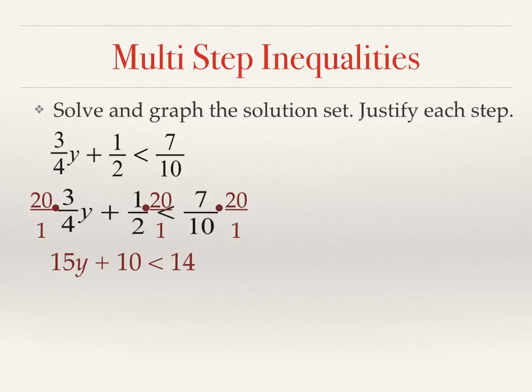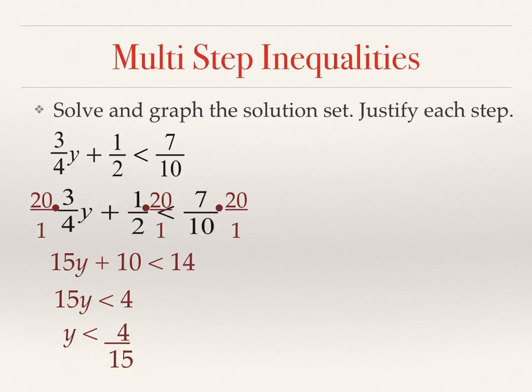Now we want to subtract 10 from both sides, and then we want to divide by 15. So our solution is y is less than, as I had expected, some fractional value. So y is less than 4/15. Now think on a number line, how would you graph 4/15? Well, it's between 0 and 1, right?